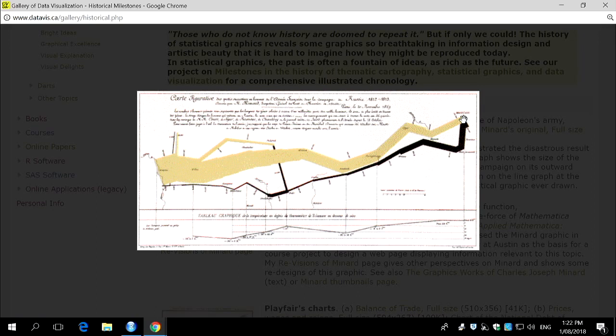Now, an accident of history was that as the French went past, the Russians adopted a scorched earth policy. They destroyed everything behind them. And what that meant was that when the French retreated, they couldn't go out the way they came in. And that made this a better graphic, because the black part, their path out, is different to their path in.